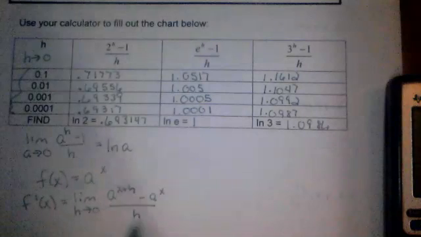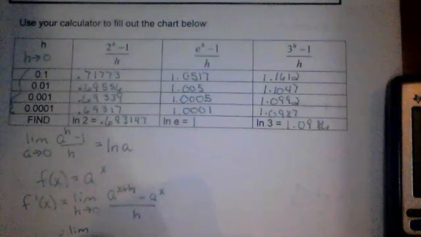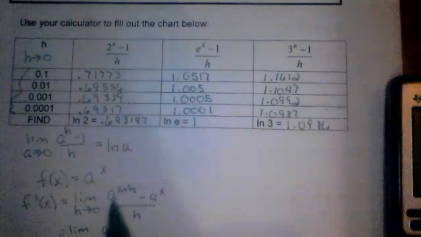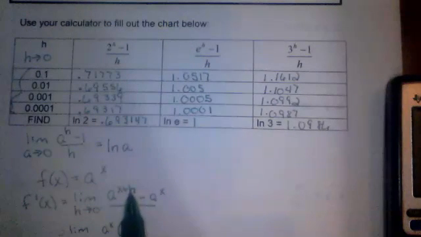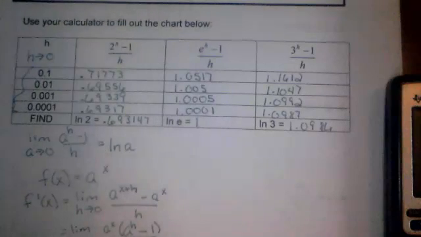This is our definition of the derivative. And so now I have the limit as h approaches 0 of a to the x times, okay, so remember that this addition is actually multiplication. It's a to the x times a to the h. So if I factor out an a to the x, I get a to the h minus 1 over h.